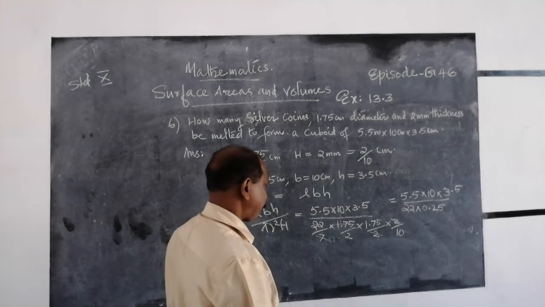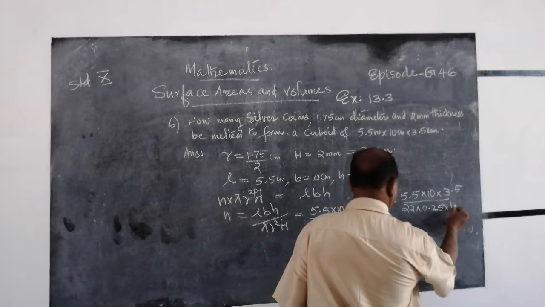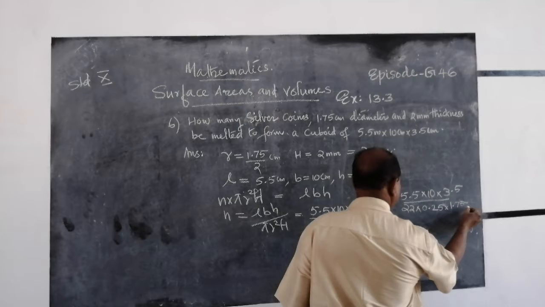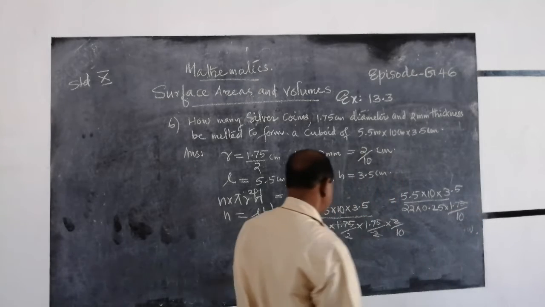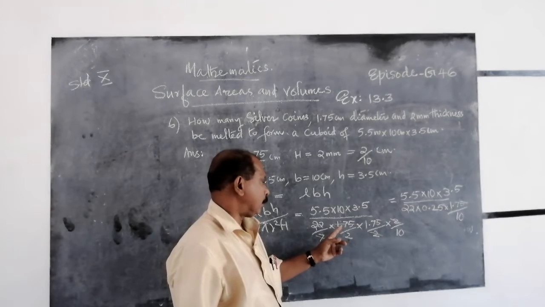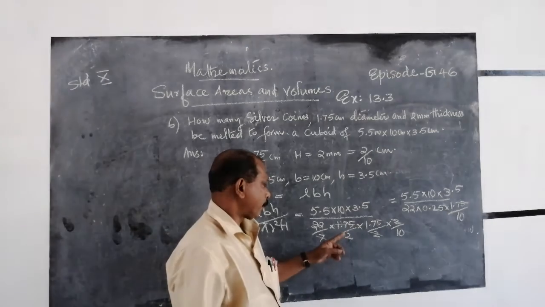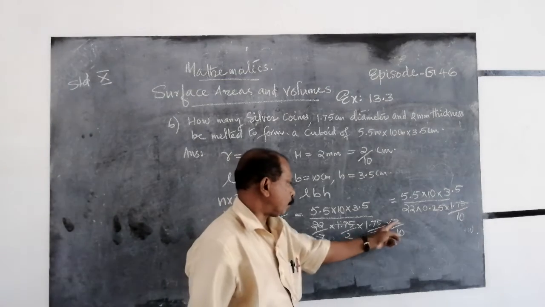Clear? Into 1.75 by 10. That is 7 and 1.75 cancel. Therefore, 0.25. And these two cancel.